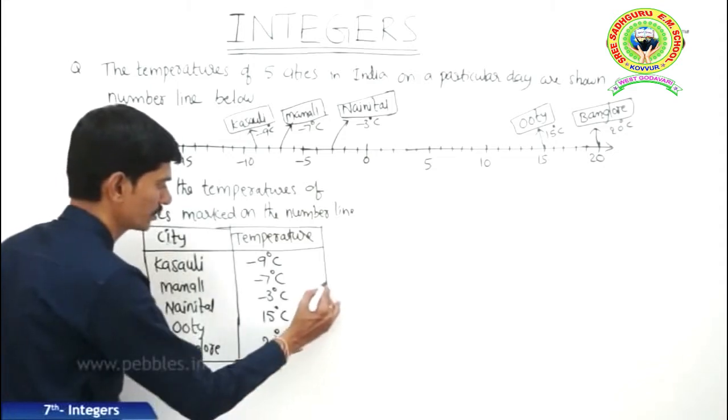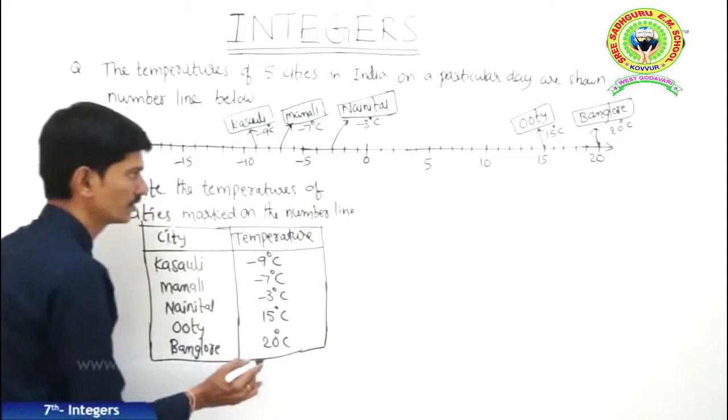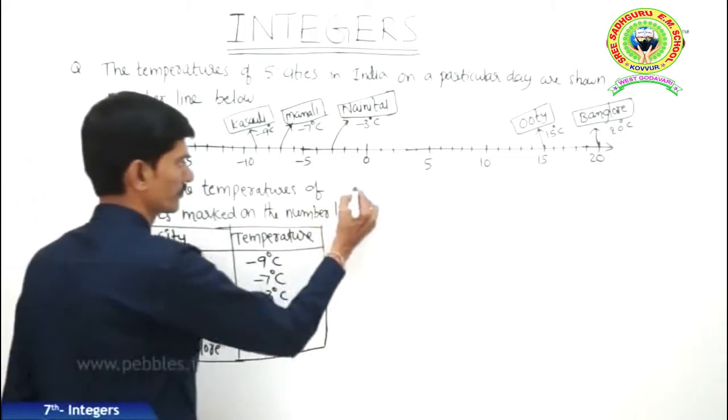So these are the temperatures of the 5 cities given on the number line. Now let us take the next question.